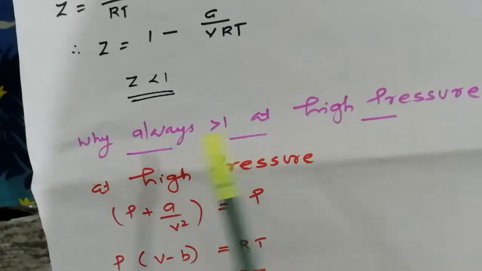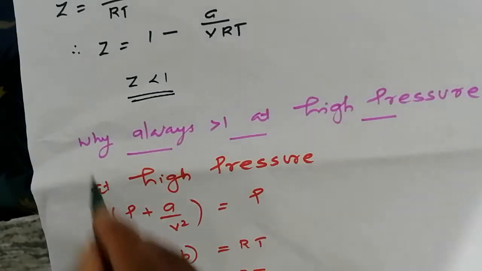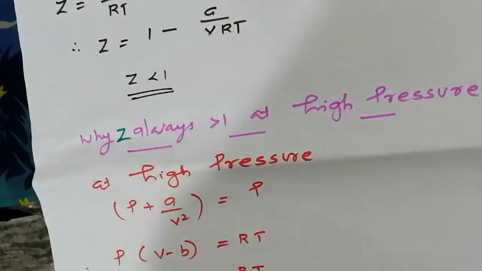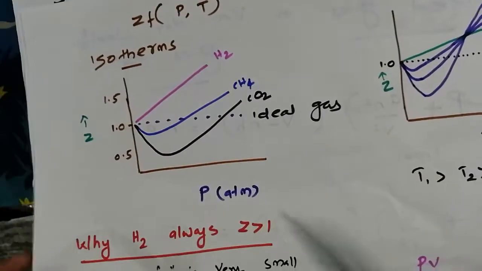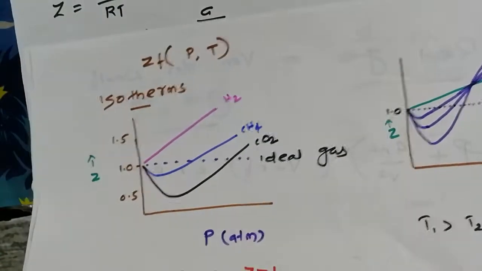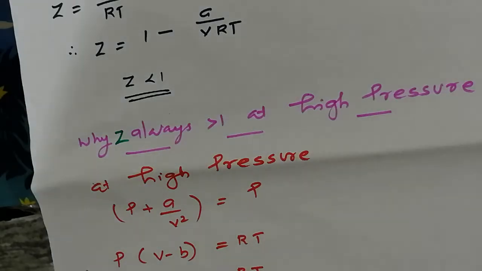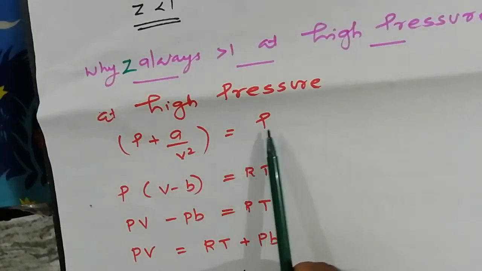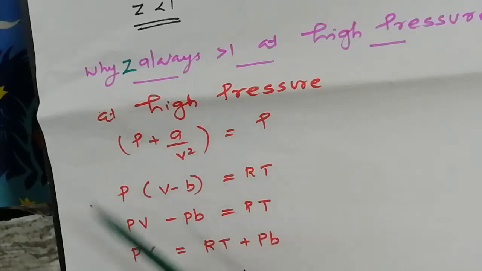Now, last concept: why is Z always greater than 1 at high pressure? Look at the graph. At a high pressure, Z is greater than 1 for every gas. Why? At a high pressure, P plus A by V square is equal to P. A by V square is again neglected at high pressure.